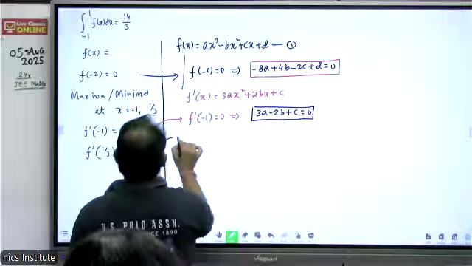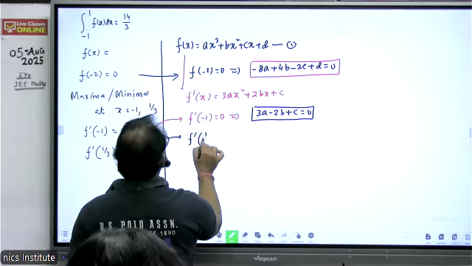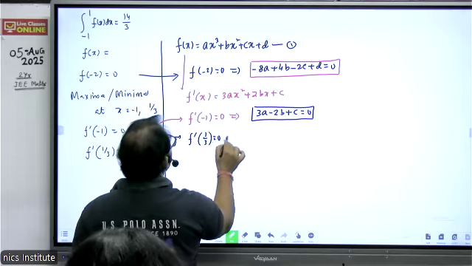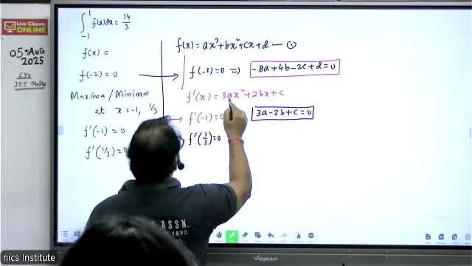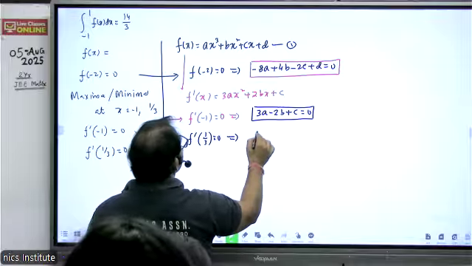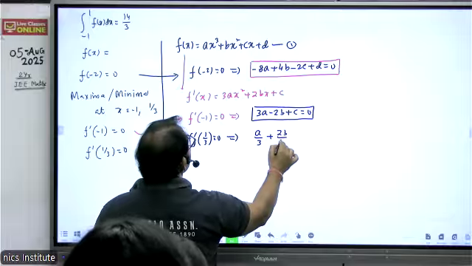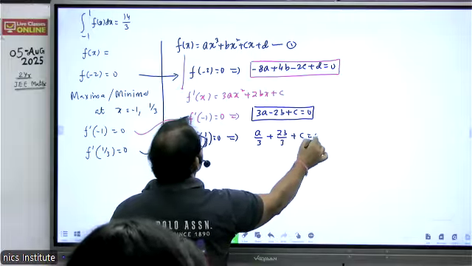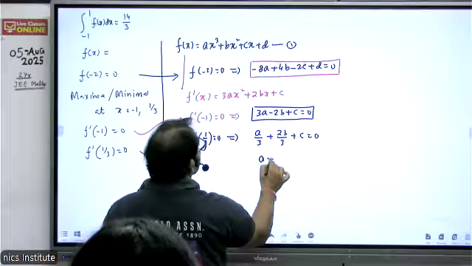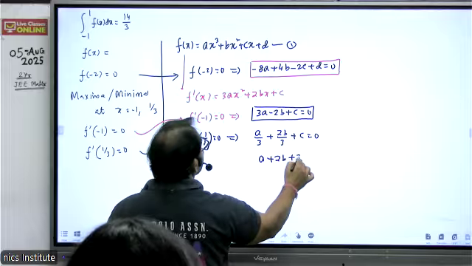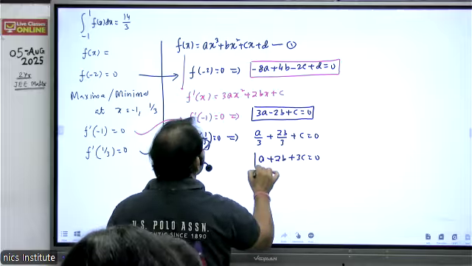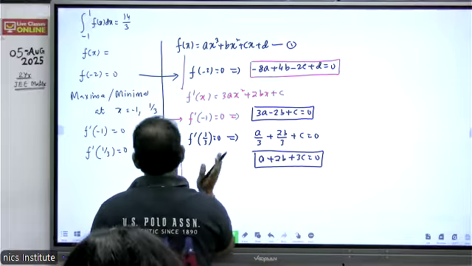Then you also have f dash 1 by 3 equals 0. In the derivative, you substitute, so it will be a by 3 plus 2b by 3 plus c equals 0. So a plus 2b plus 3c equals 0. So we have three equations.